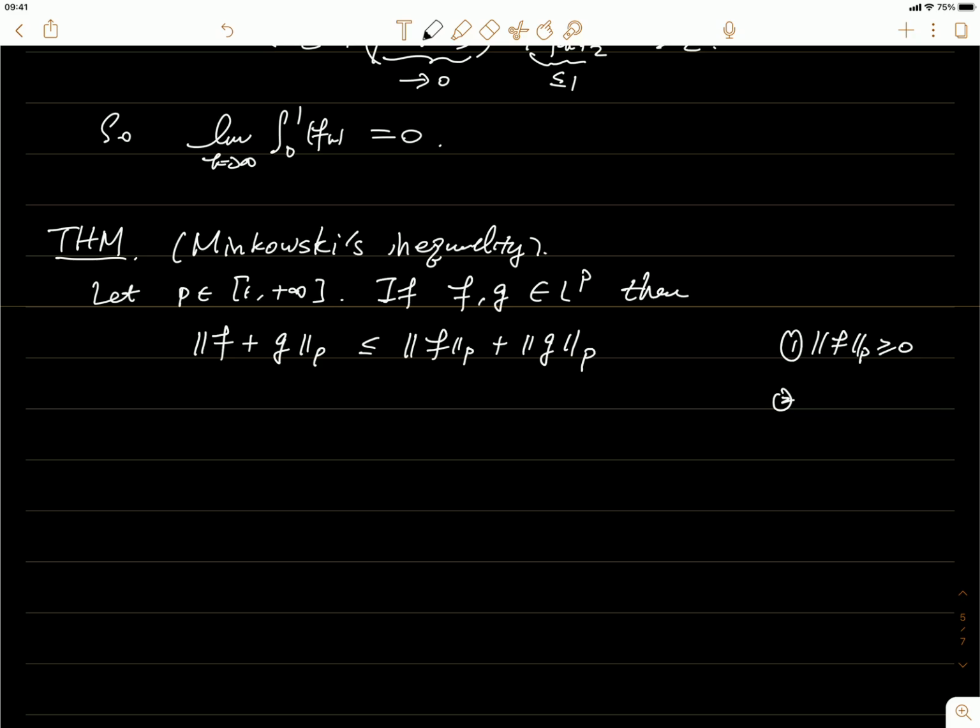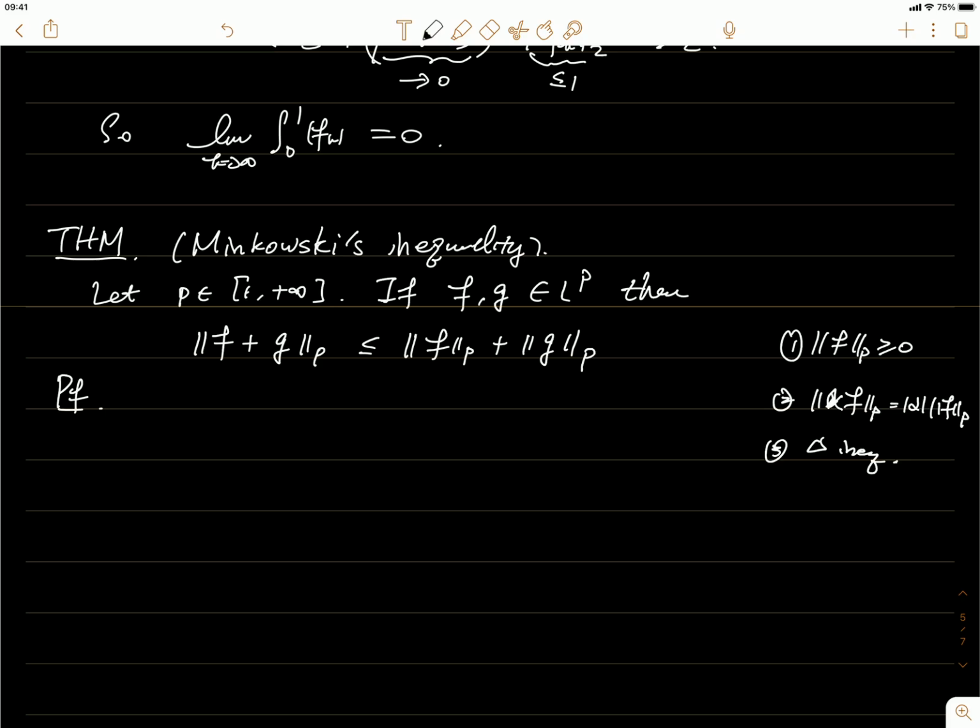Second one is that you multiply the f by any constant, say alpha times f, its p norm is just equal to the absolute value of alpha times the p norm of f. And the third one is this triangle inequality given by this Minkowski inequality. Okay, so with these three properties, we can show that this space LP is a normed space, where the norm is given by this LP norm.